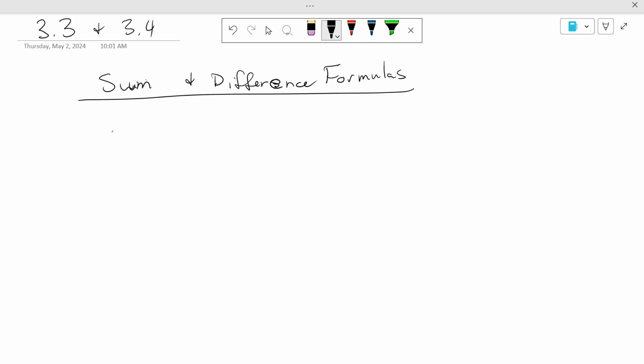And they are sine of A plus B equals sine of A cosine of B plus cosine of A sine of B. Sine, cosine, cosine, sine.